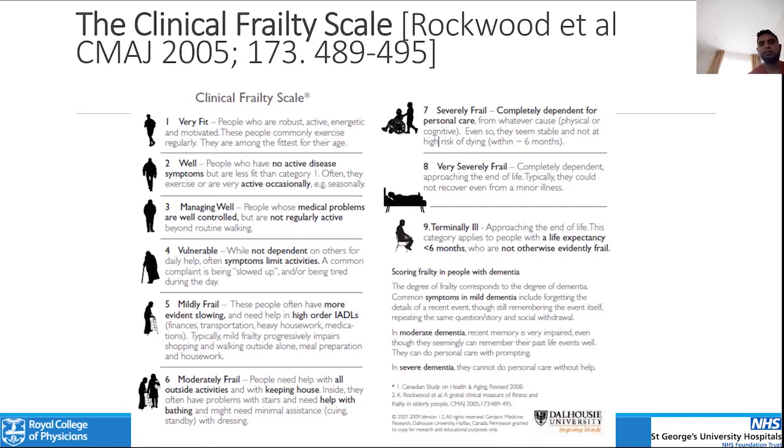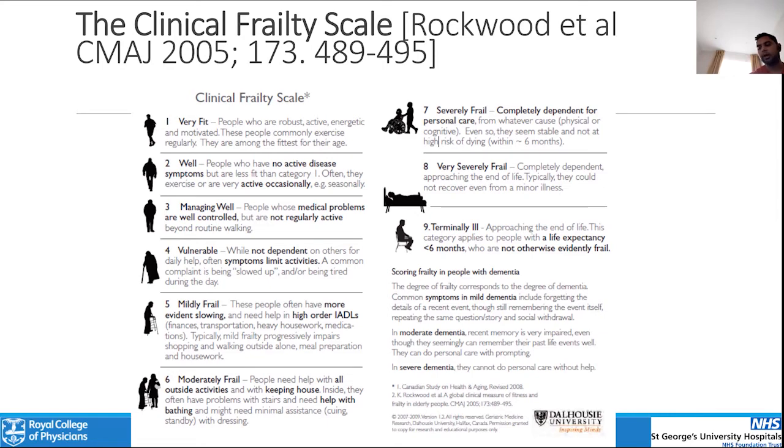So that's the reasons why I think it's important. So then how do you actually diagnose, measure, or even screen for it? So we've talked about how the definition for frailty is not fully agreed in the literature.